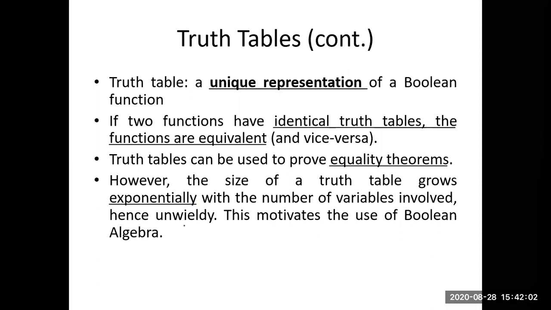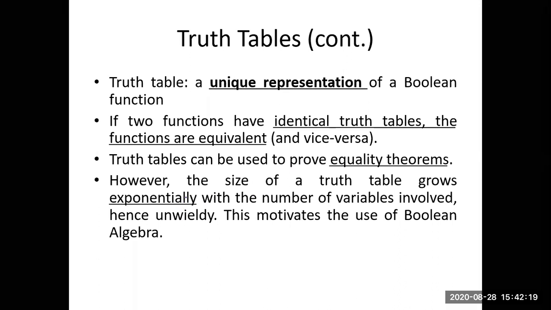So you can see all the possible combinations are increasing in an exponential manner. Whenever you have a large number of variables, it's very difficult to prove equality theorem using a truth table. This is the only drawback of the truth table.